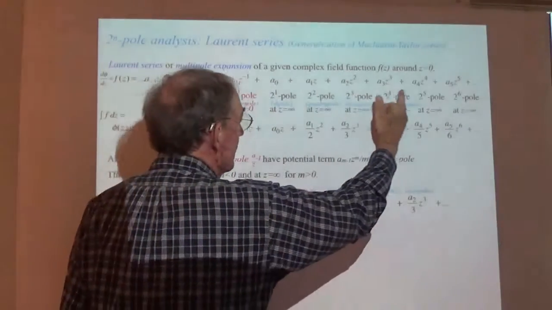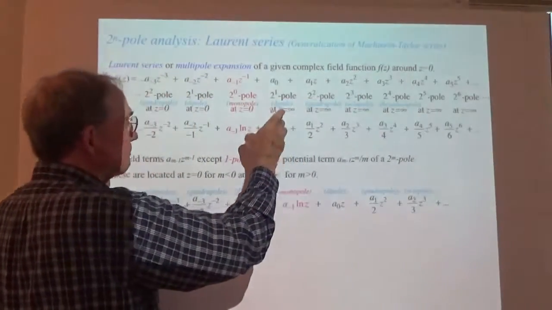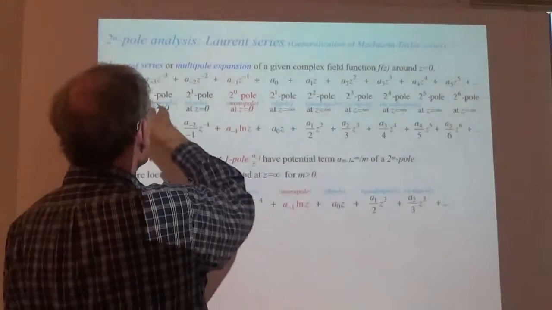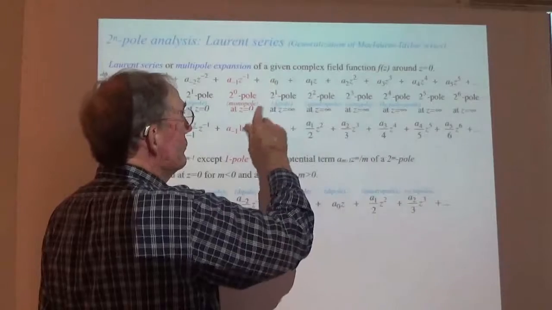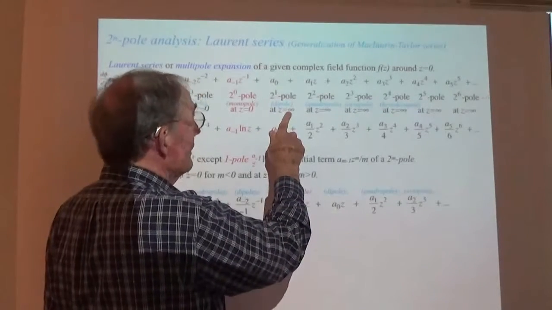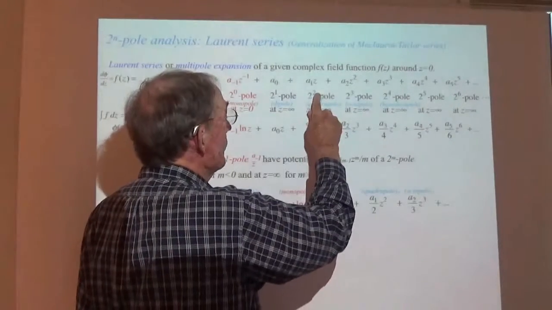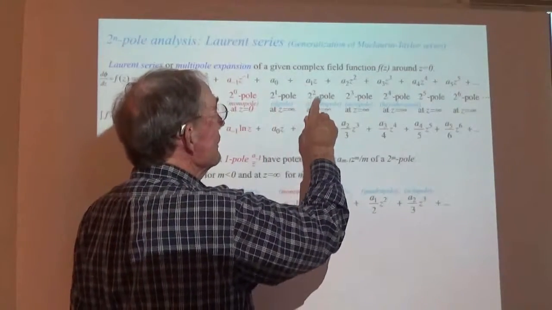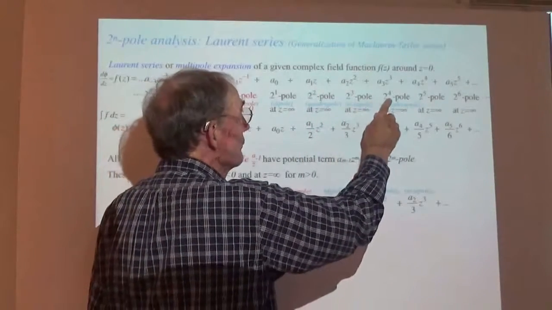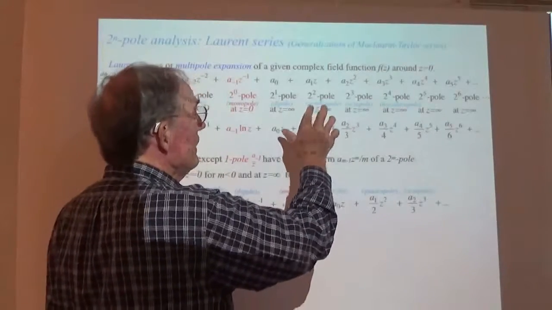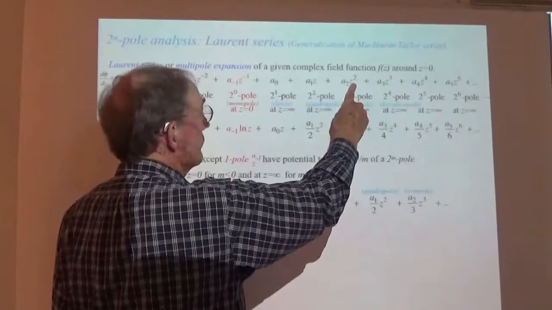All of these down here are just powers of z, and we've looked at a force field that had just one charge at infinity. And then this one has a 2 to the 2 pole. This is a single pole at infinity. This is a 2 to the 2 pole at z equal infinity, 2 to the 3 pole, 2 to the 4 pole. And you can kind of see how that's showing up with the field equal to z squared.